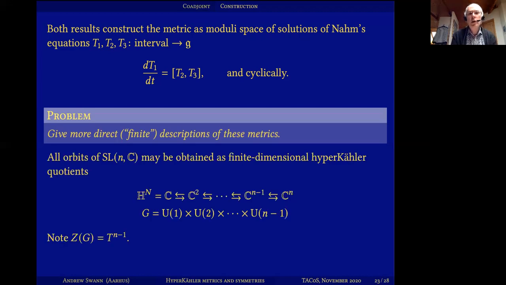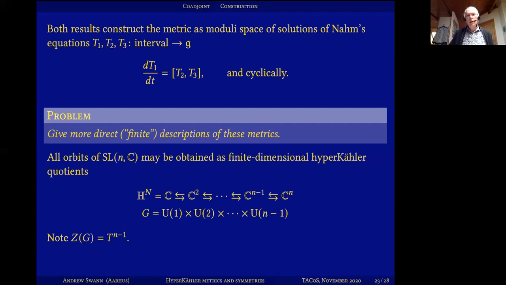Another direct construction is the finite dimensional hyperkähler quotient. So I already told you that the cotangent bundle of CP^n can be achieved that way. For SL_n C, you can actually get all the orbits as finite dimensional quotients. So what you want to do is consider a big flat space, which is the vector space of all the complex linear maps between these spaces I've written down.